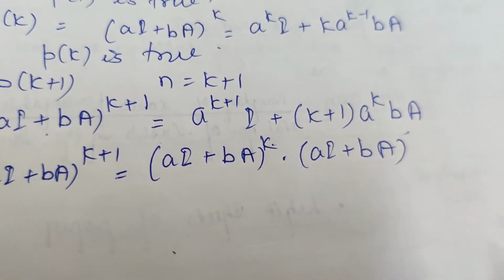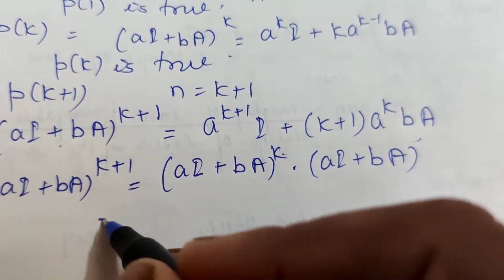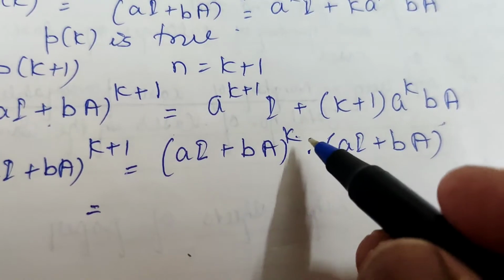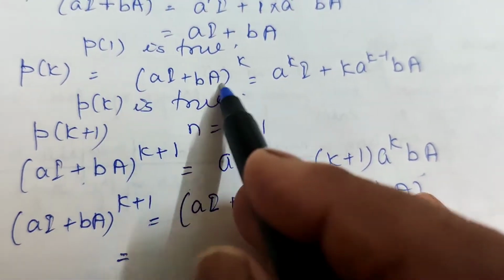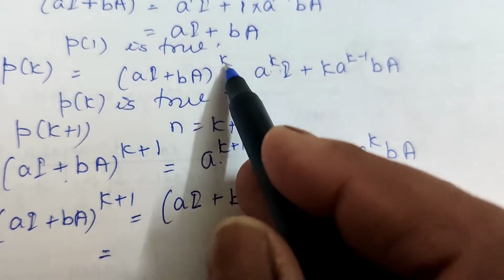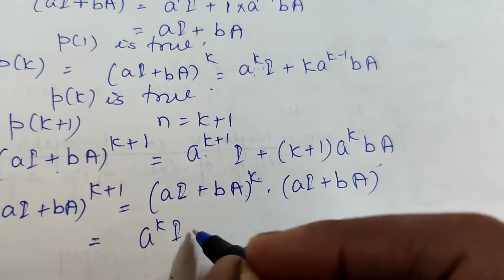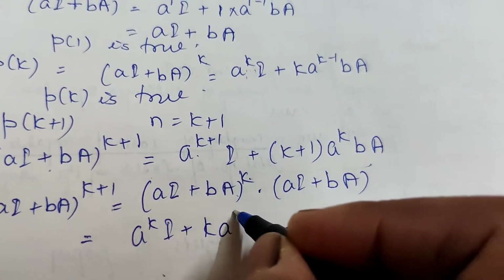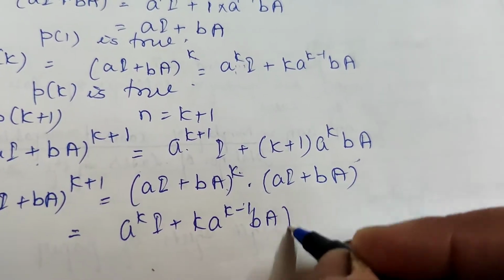Okay. Now multiply this. (aI + bA) raised to power k equal to a^k I plus k a^(k-1) bA.